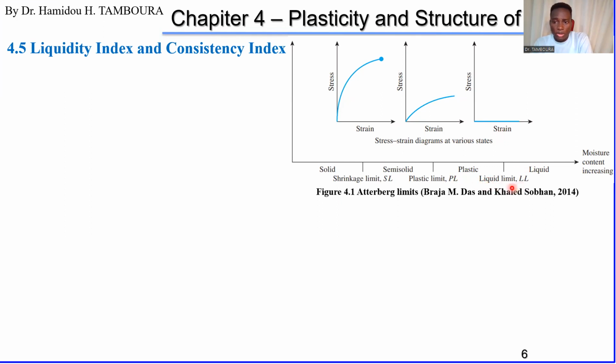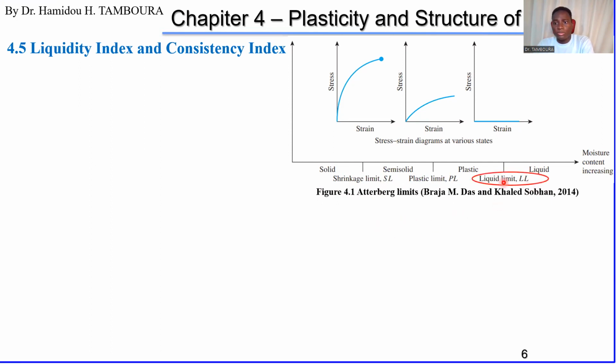I hope you remember. What is plastic limit? I hope you remember that also. And what is shrinkage limit? That was in the previous video. Based on these parameters of soil, we can establish a new parameter.